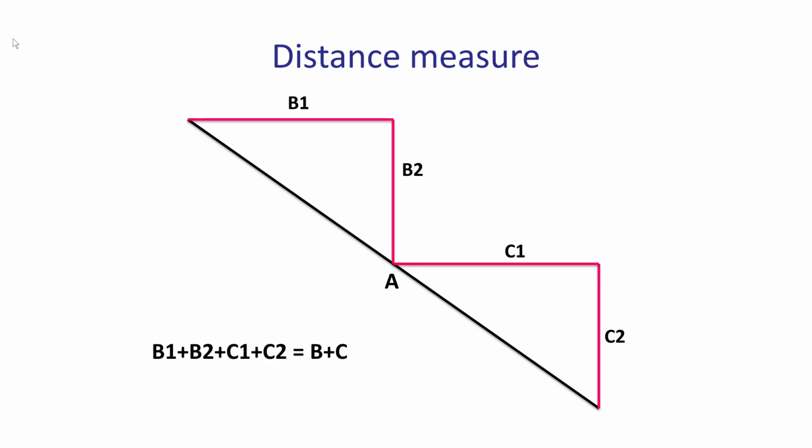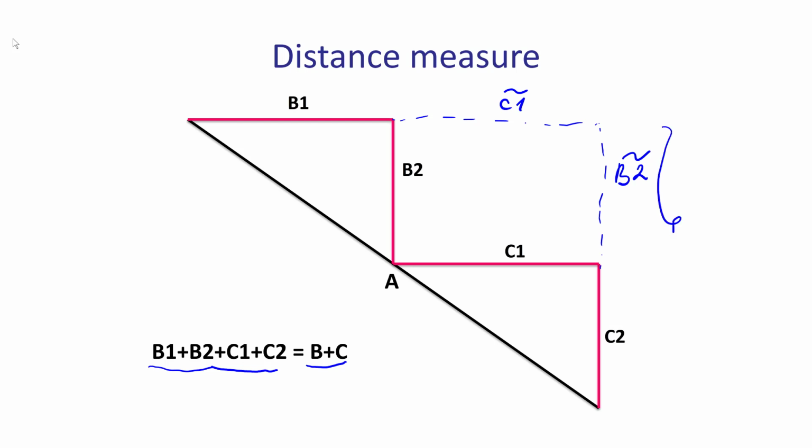Okay, we have shown so far that B1 plus B2 plus C1 plus C2 is the same thing as B plus C, because if you replicate the original triangle and you put here B2 tilde and this one is C1 tilde, because this is a rectangle, C1 equals C1 tilde and B2 equals B2 tilde.